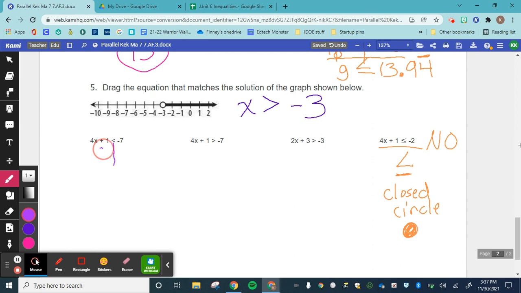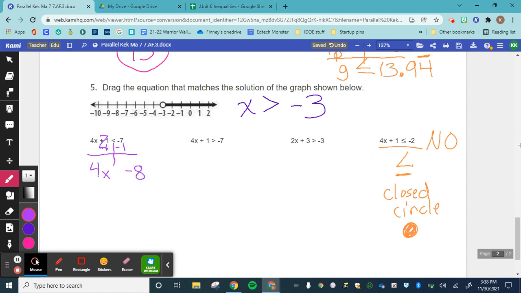To cancel out a plus 1, I will subtract 1. So I subtract 1 from both sides. On this side, plus 1 and -1 is a zero. So I'm left with 4x. On this side, a -7 and a -1, I would add them together to get a -8.